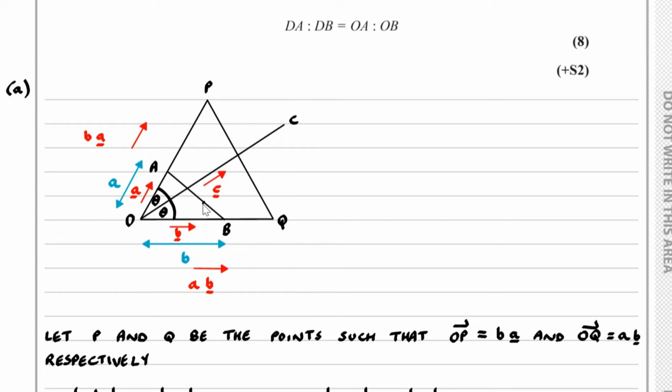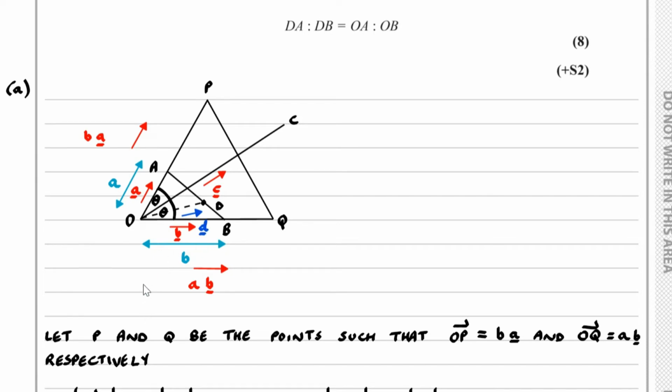So let's suppose that D is over here. And therefore here is the vector OD, which we are saying is equal to d.